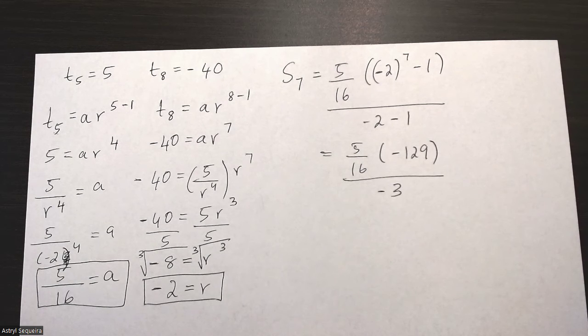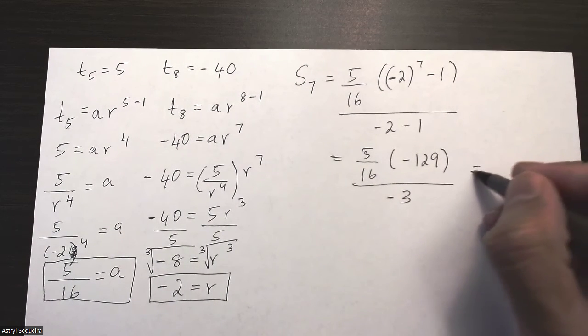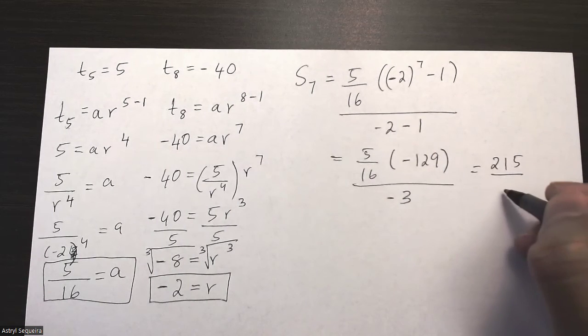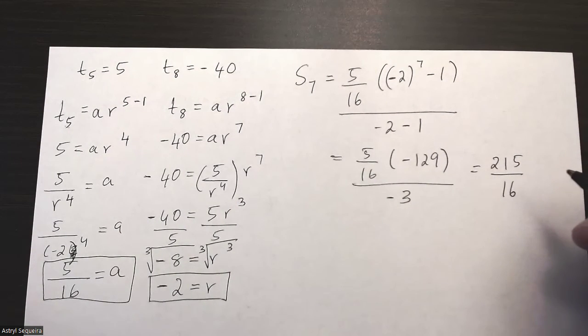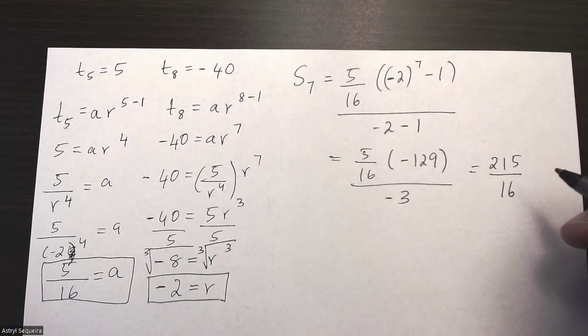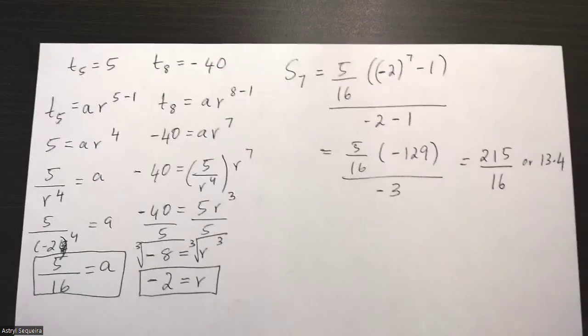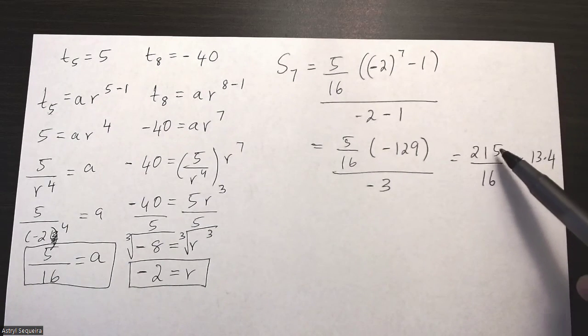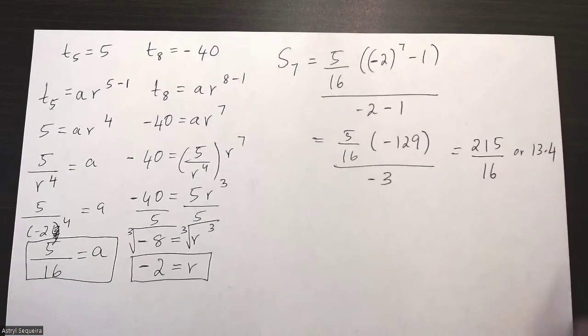And I get 215 over 16 as an exact value, or as a decimal would be 13.4 approximately. If your teacher allows decimals, it would be 13.4, but my calculator gives me an exact value of 215 over 16.